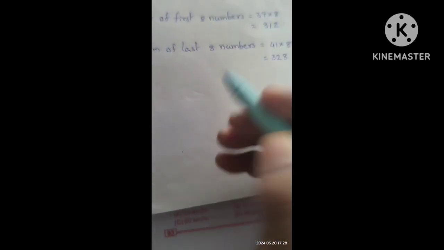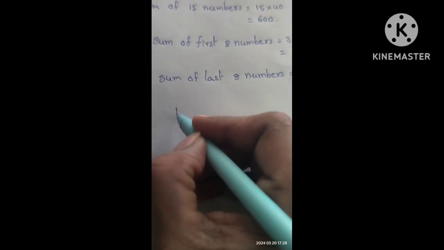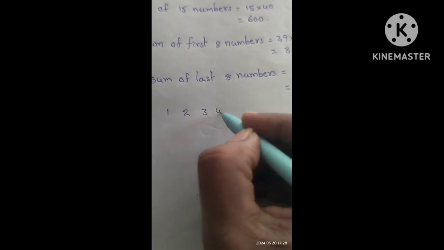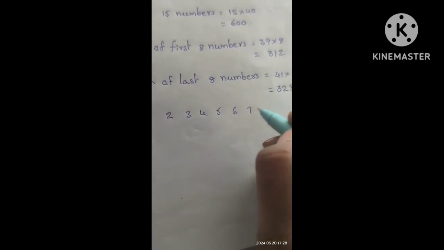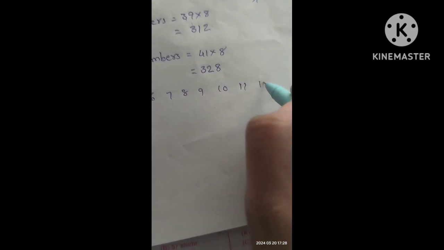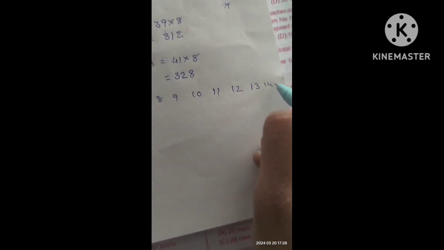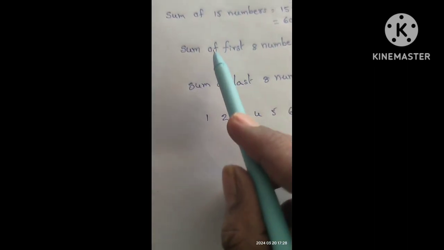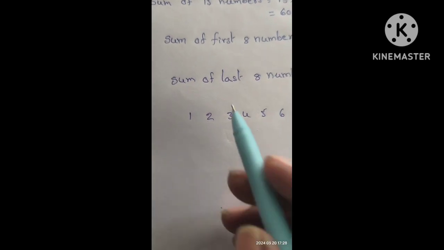Given total 15 numbers: 1, 2, 3, 4, 5, 6, 7, 8, 9, 10, 11, 12, 13, 14, 15. In that, they said average of first 8 numbers.